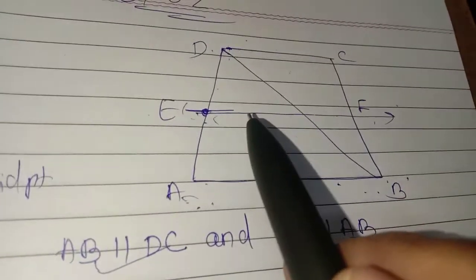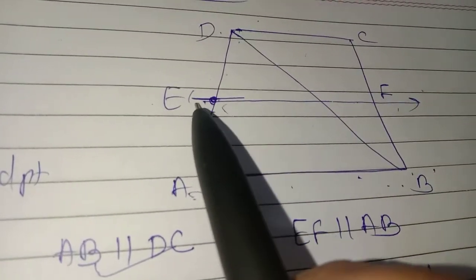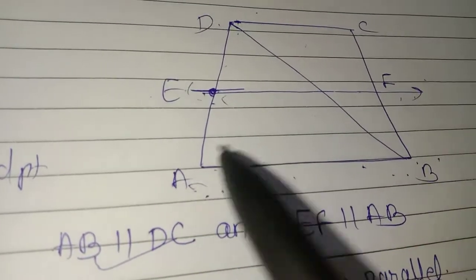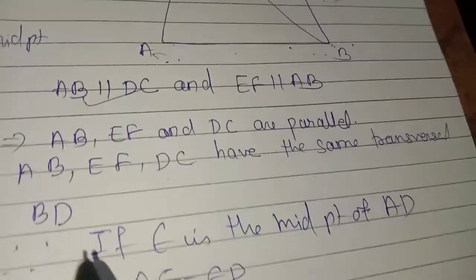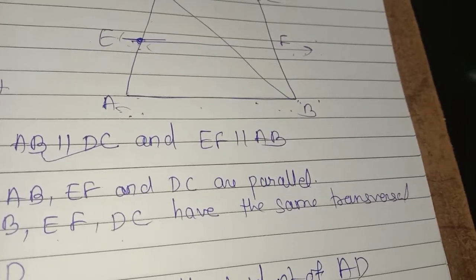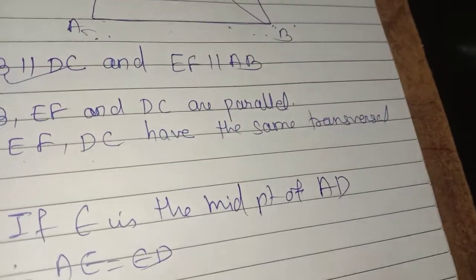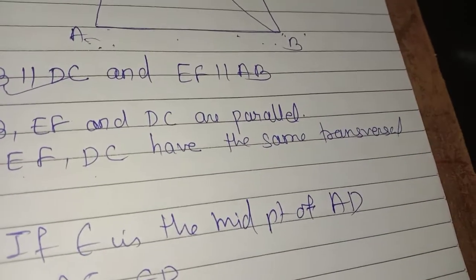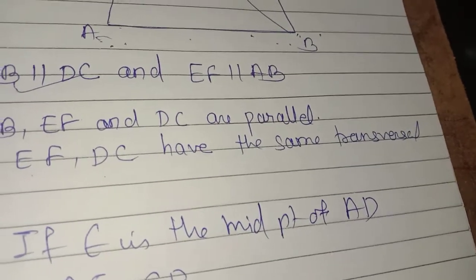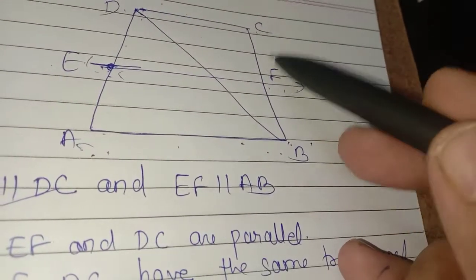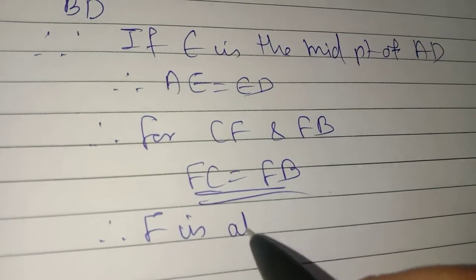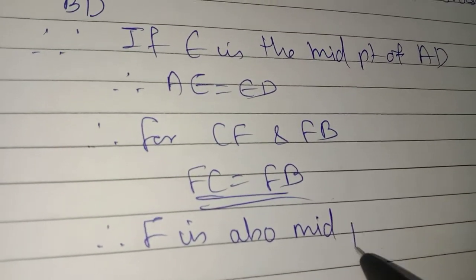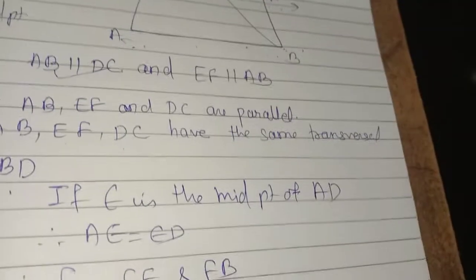So one common concept here is that if all the points lie on EF parallel to AB, they will also become equal to the other sides. So we can write therefore for CF and FB, FC is equal to FB. Clear? And if FC becomes equal to FB, we can say that therefore F is also the midpoint of BC. Clear? That we have to prove.